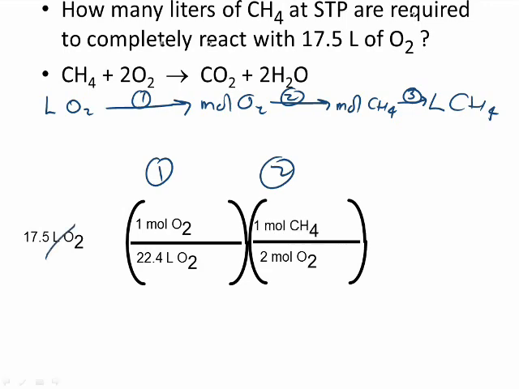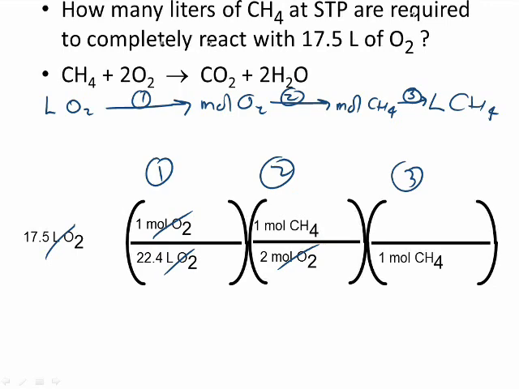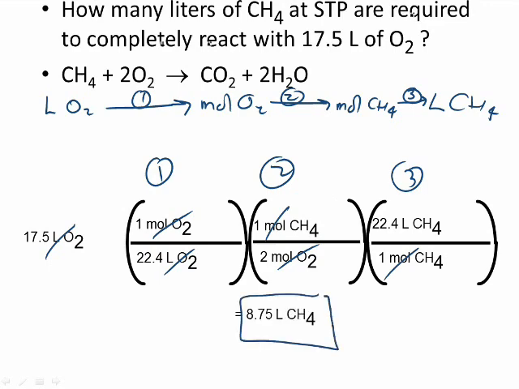So these liters of O2 will cancel out. So we have moles of CH4 now, and then from moles of CH4, part 3, we can go to liters of CH4. The moles of CH4 will cancel out, and we're left with liters of CH4.